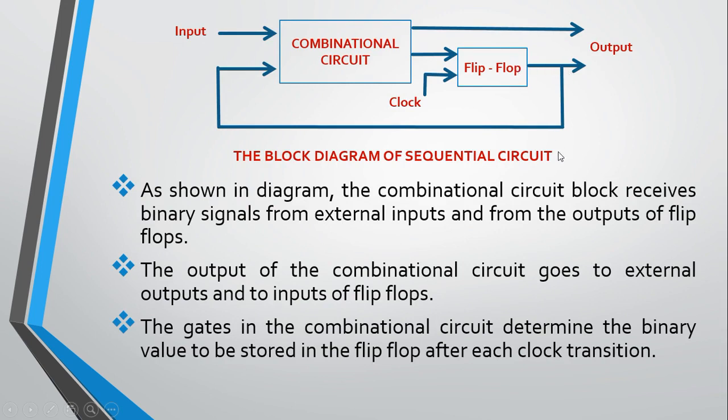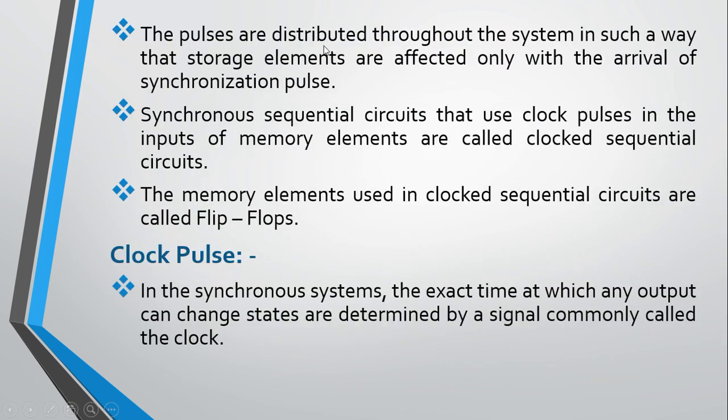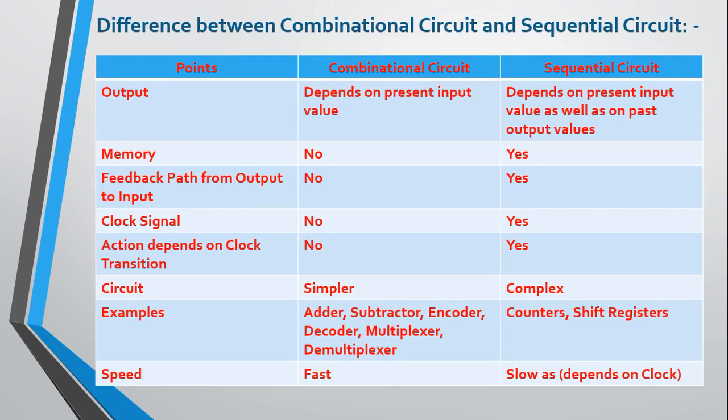So the output of flip-flop goes as an input of combinational circuit. So over here the first difference is what? Output. Output in the combinational circuit depends on the present value, whereas in the sequential circuit it depends on the present input value as well as the past output value, which is already stored in the flip-flop.